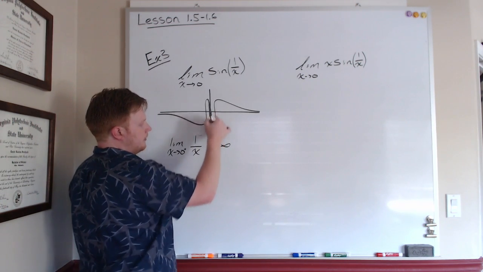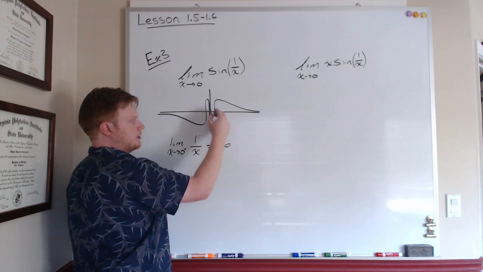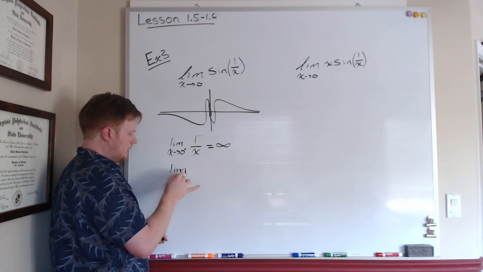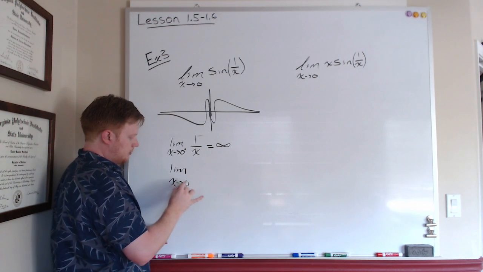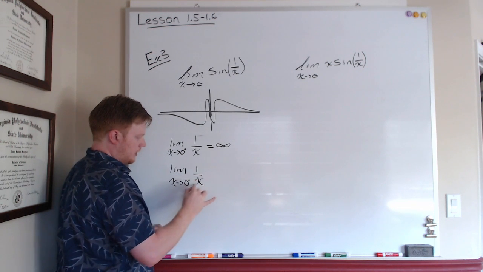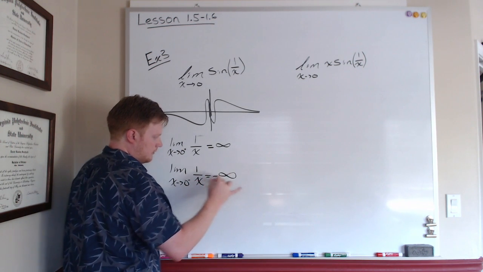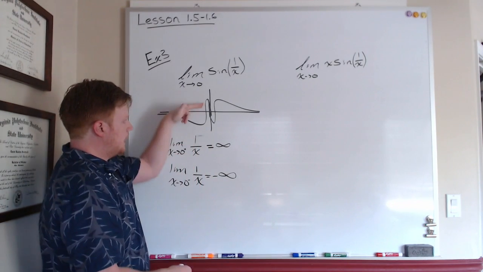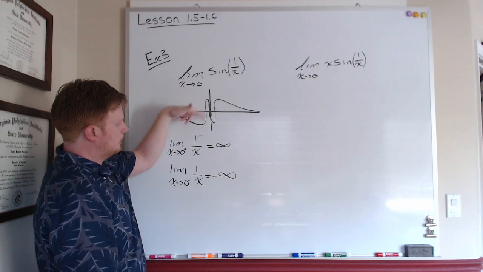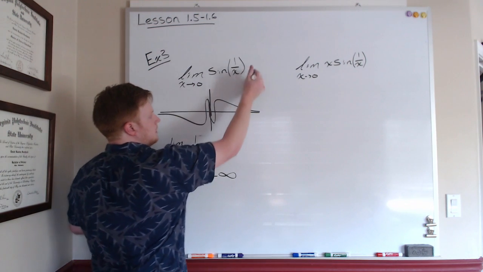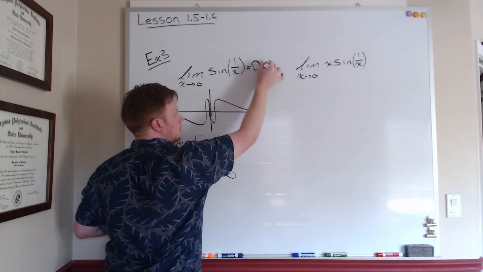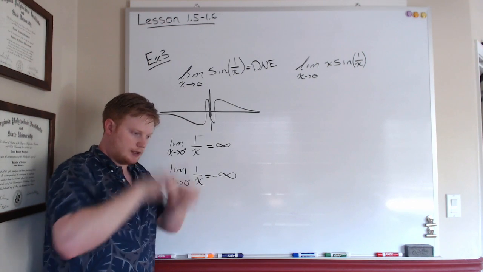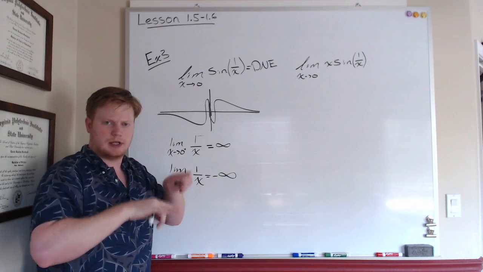So in here, very close to 0, coming from this direction, we're oscillating between negative 1 and 1. Similarly, as x approaches 0 from the negative side, 1 over x approaches negative infinity. And as the input goes in the negative direction, we again oscillate between 1 and negative 1. So this limit does not exist because at 0, or as we approach 0, we oscillate without any dampening in amplitude.